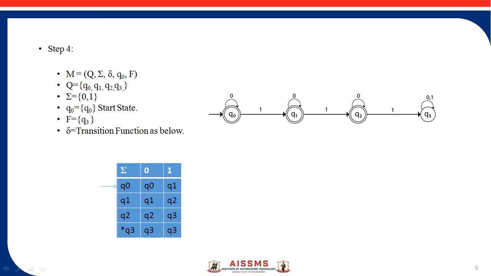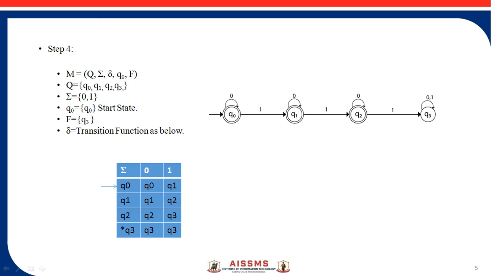We check in the DFA that Q0 has two transitions, 0 and 1. The 0 transition is passed towards itself, that is Q0. So we draw a 0 transition from Q0 to Q0. Next, the 1 symbol of Q0 is passed towards Q1.